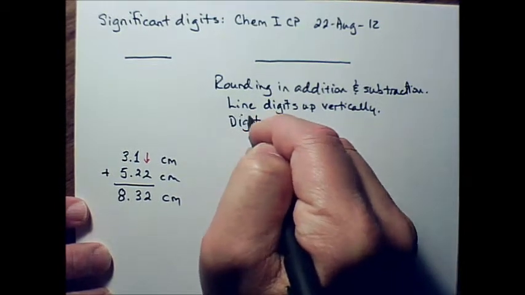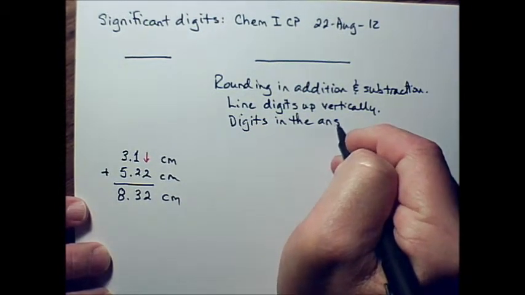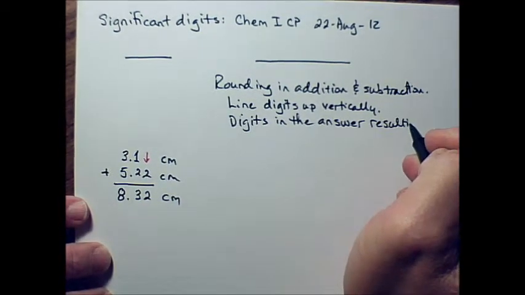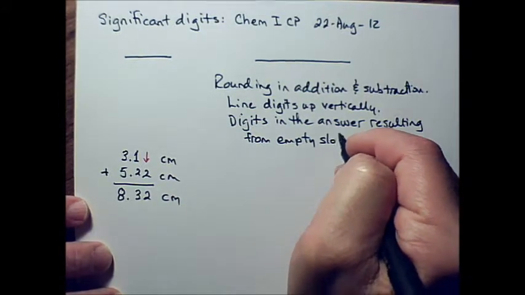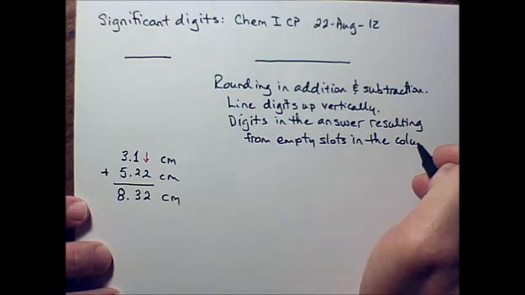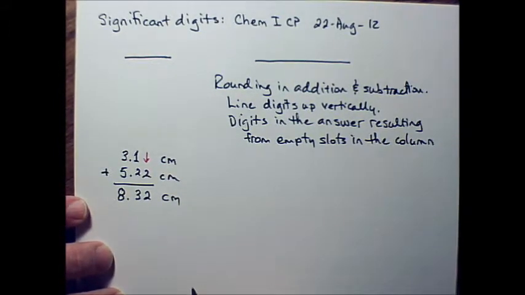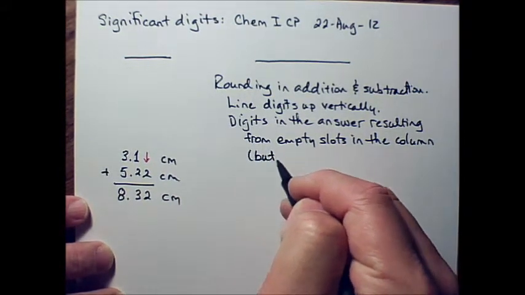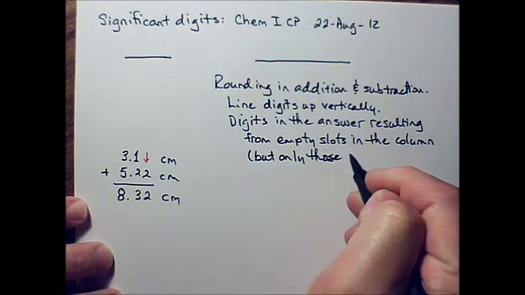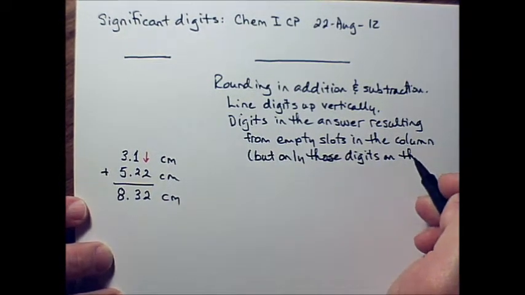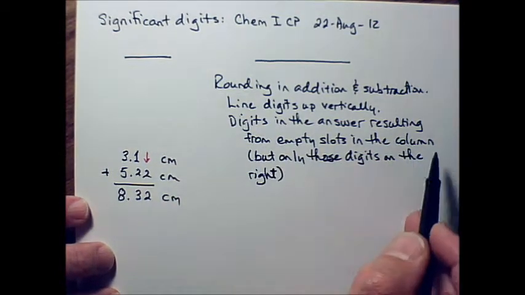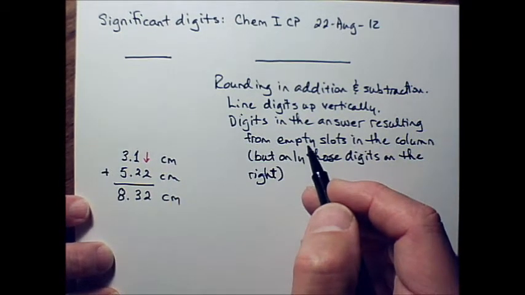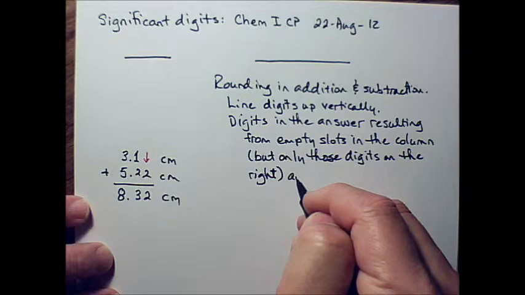Digits in the answer resulting from empty slots in the column, but only those digits on the right, are insignificant. That's the word we're going to use: insignificant.